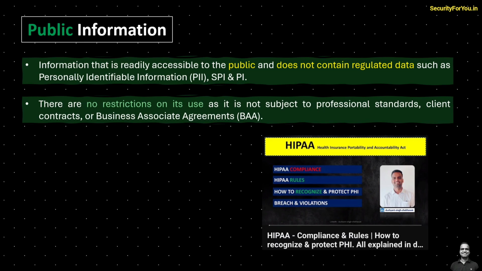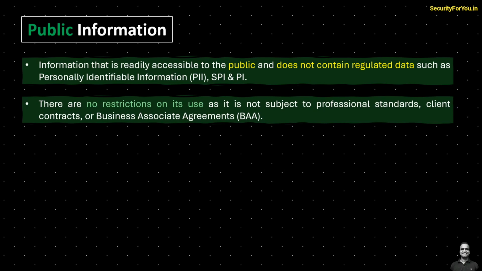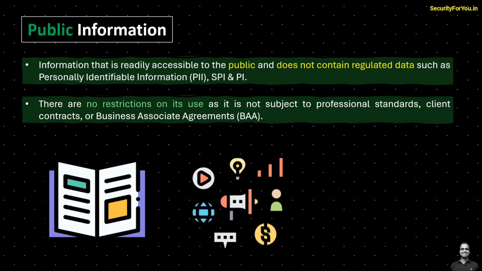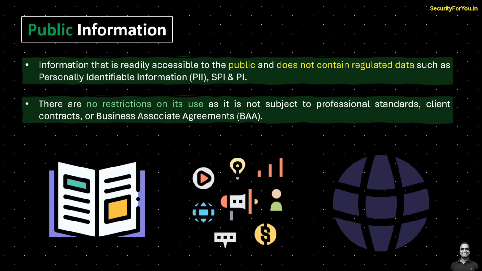I have made a detailed video on business associate agreement and HIPAA requirements, which you can go and watch for better understanding. Examples of public information include company brochures, marketing materials, and content on publicly accessible websites that do not require any authentication or additional access controls.